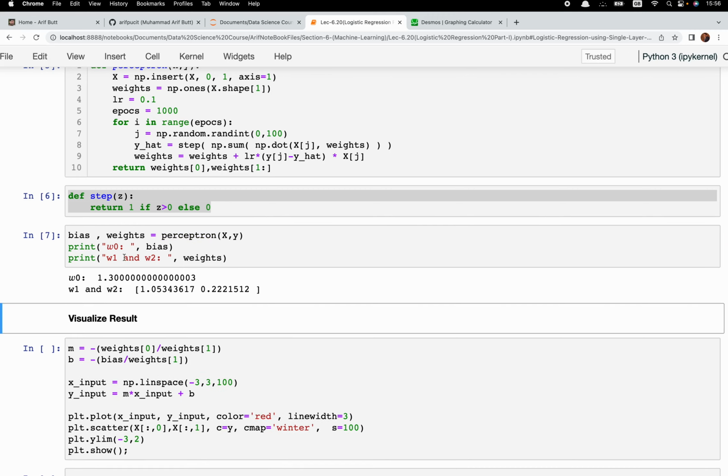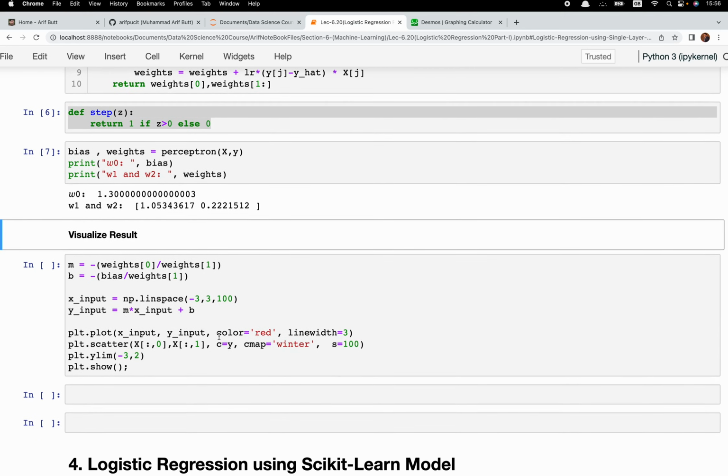Great. So the bias is 1.3, weight of first input feature is 1.01, 1.05, and W2 is 0.22. Now let us use these weights to plot the line that separates out the points into 2 classes. To plot a line we need slope and y-intercept.